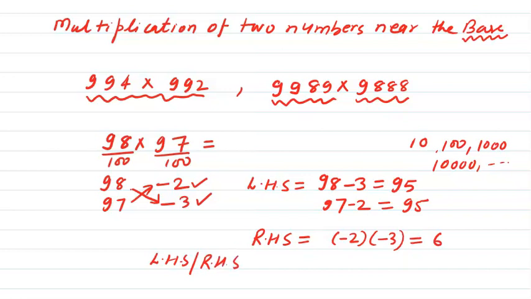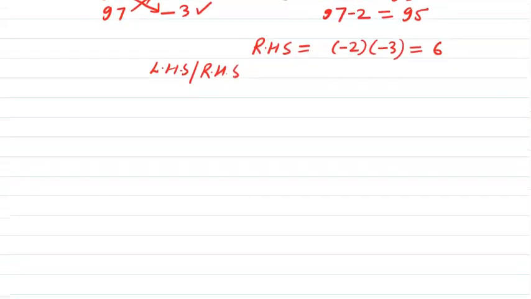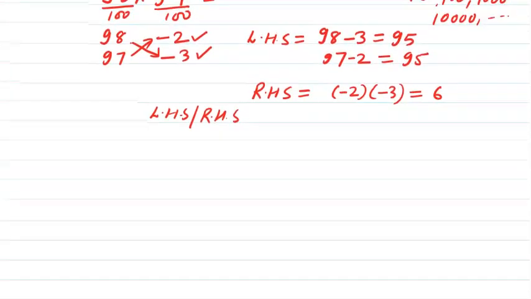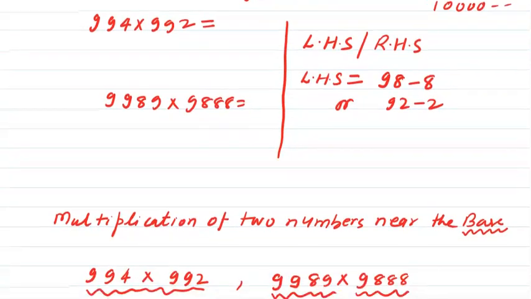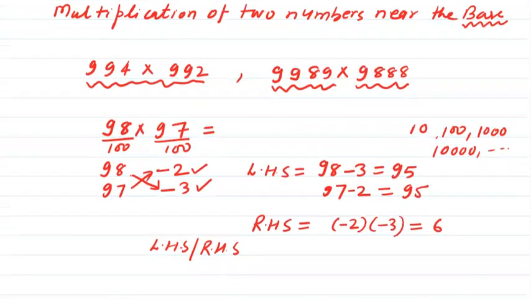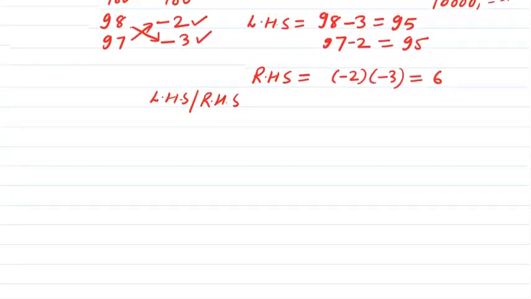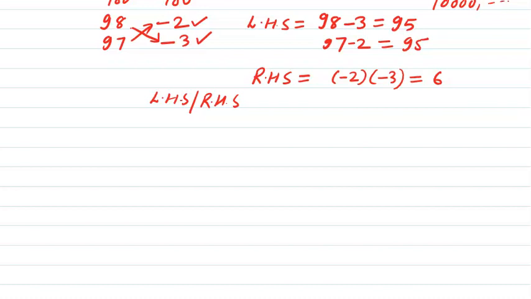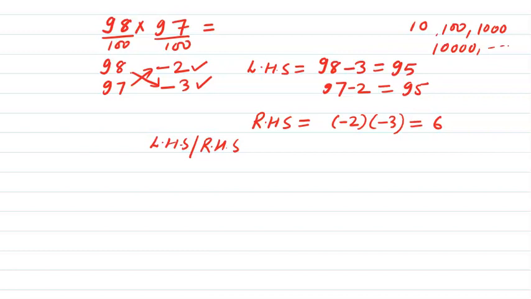But before I write the answer, there is one very important concept which you should keep in mind. When we are writing the right hand side, we have to make sure how many zeros are there in the base. If I look at this base, how many zeros does it have? This base has 2 zeros, right?